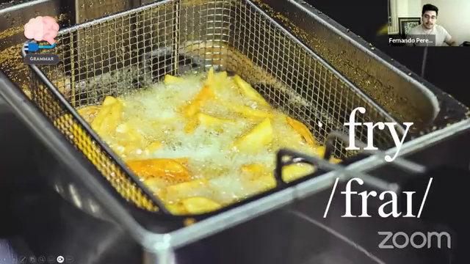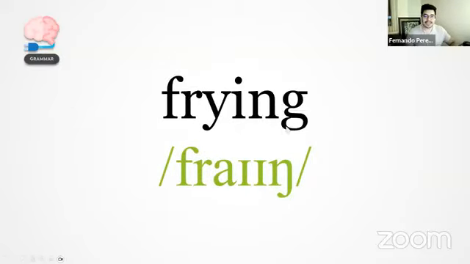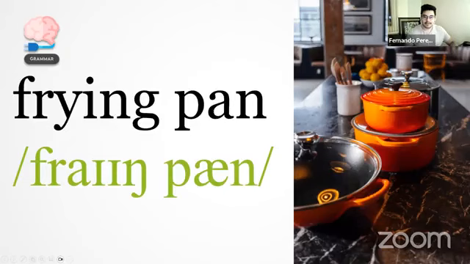The next one is the action of fry. This machine is frying some potato pieces to make French fries. Using the ing, I can transform this into a concept. Frying pan.